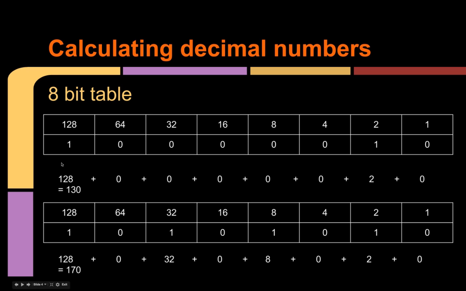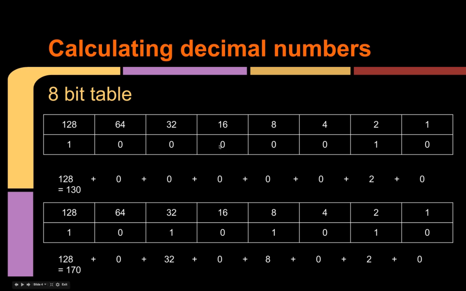So we have a binary number here, 10000010, and to work out the decimal value of that, we add where the 1 is on. So 128 has a 1, 64 doesn't, so we ignore it.